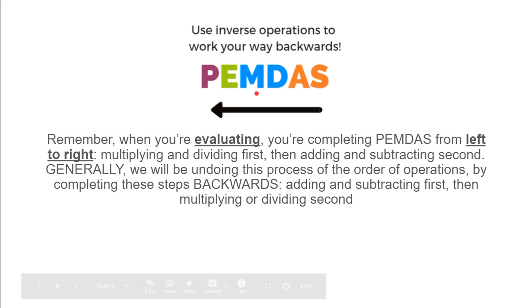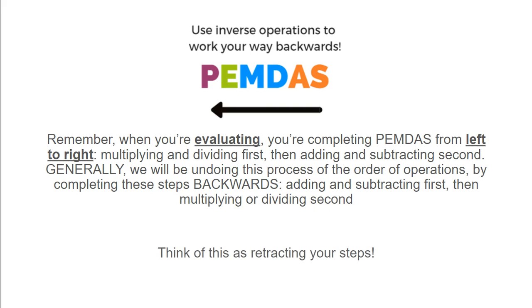The reason for this is because we're trying to find that variable, and that variable, if it is being multiplied, has to be divided out last. So for example, which you'll see in the next couple of slides, we need to start solving for all the things around the variable rather than starting with the variable itself.